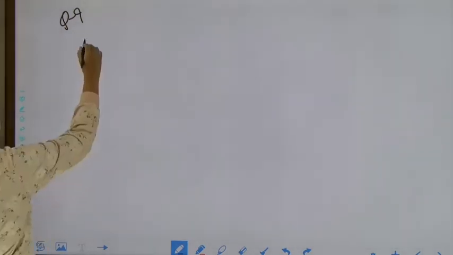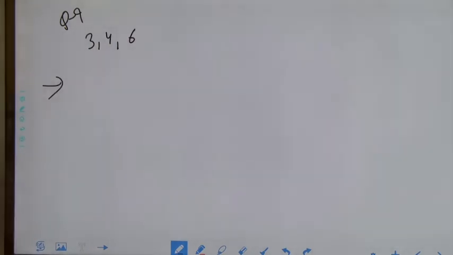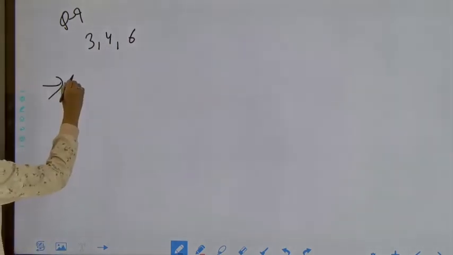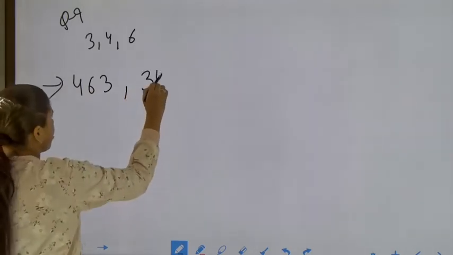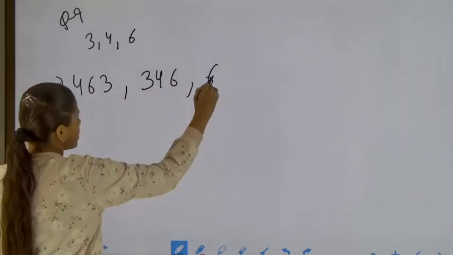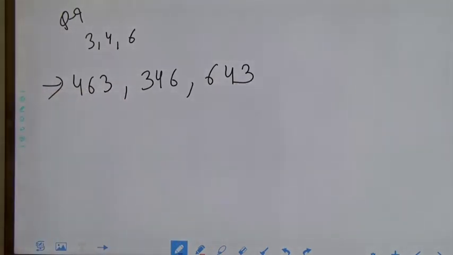Digits are 3, 4 and 6. We have to write by forming 3-digit numbers, that is 463, 346, 643. Okay, now move to the next question, that is question number 10.